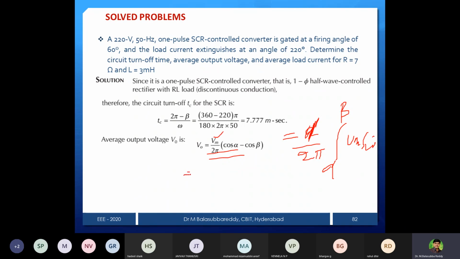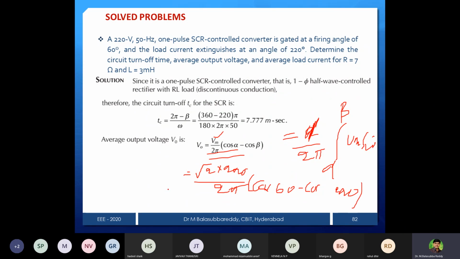What is Vm? Supply is 220, so root 2 into 220, by 2 pi, into cos of 60 degrees minus cos of 220 degrees.